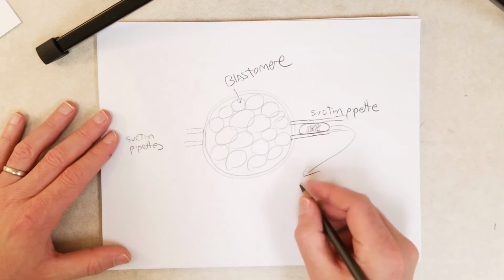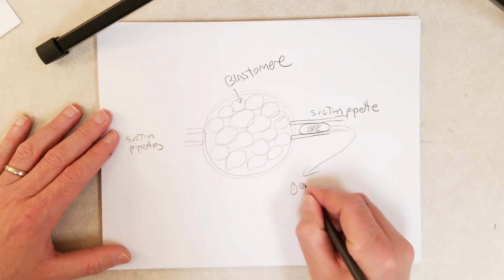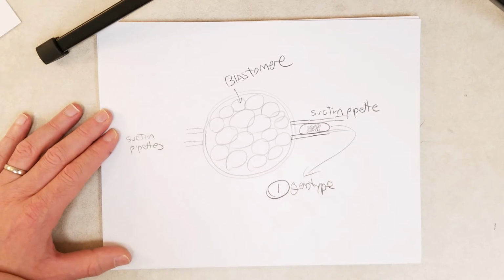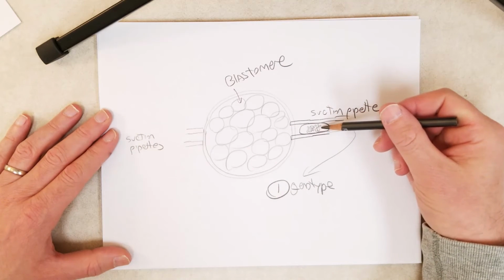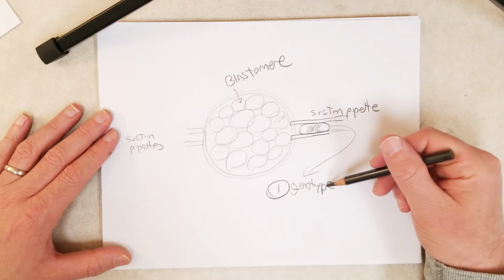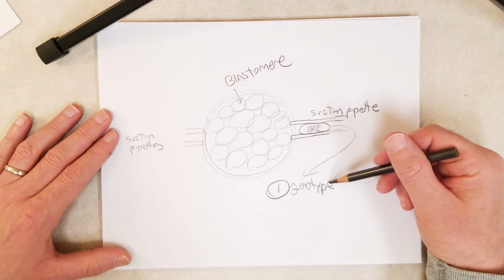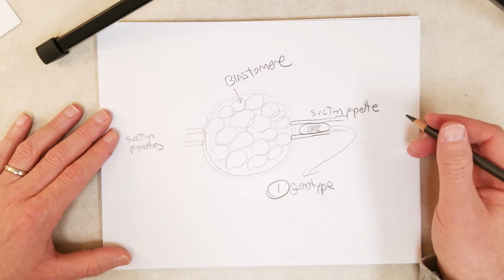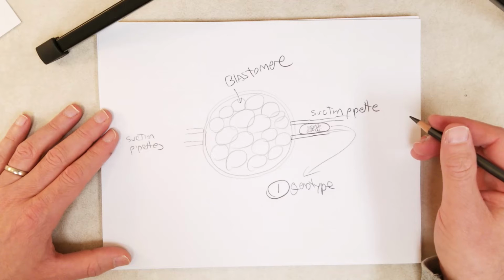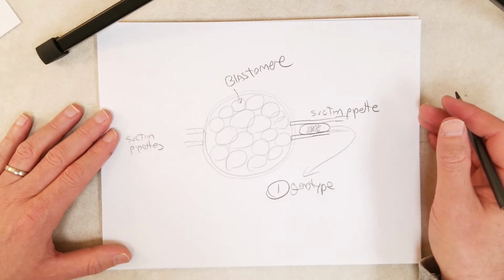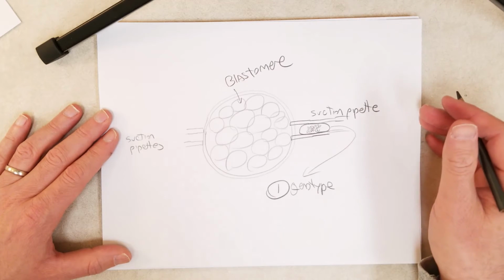Well, we can do a lot of things. We can determine the genotype. So what can we do with the DNA from a blastomere from the morula? Well, we can determine the genotype, and we might want to do that. Let's say you had two parents who were carriers for a severe genetic disorder, maybe a lethal genetic disorder where an infant would die in the first month, or maybe not even survive to be born.